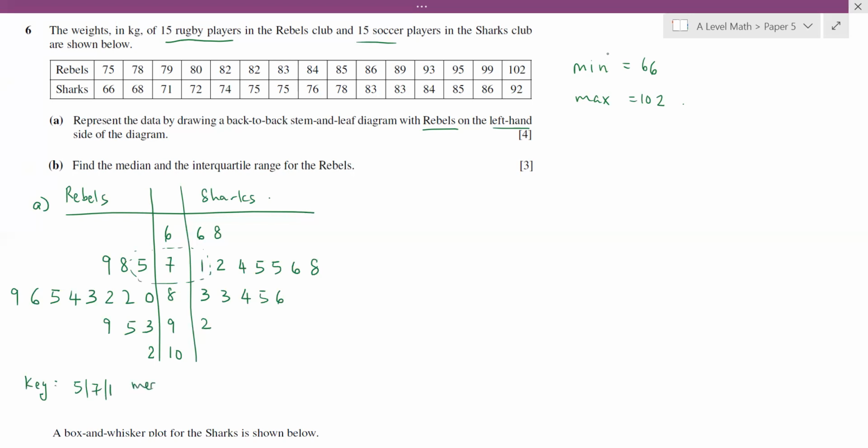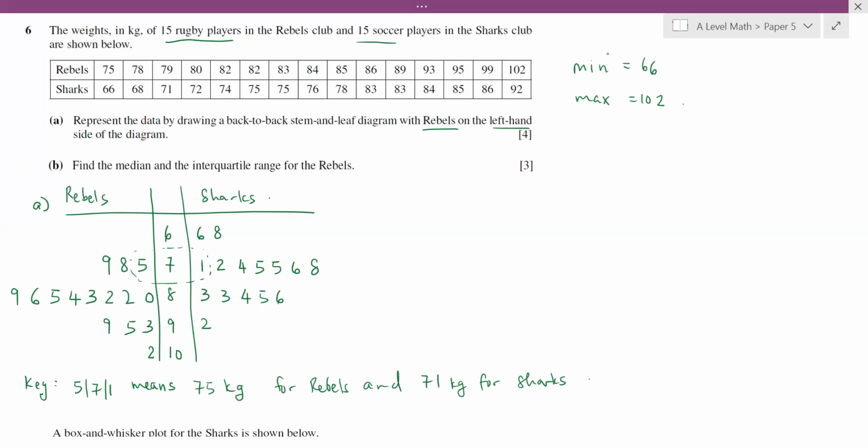So this key means that we have 75 kilogram for Rebels and 71 kilogram for Sharks. Make sure you include a key for your stem and leaf display. Otherwise, you may have marks deducted.